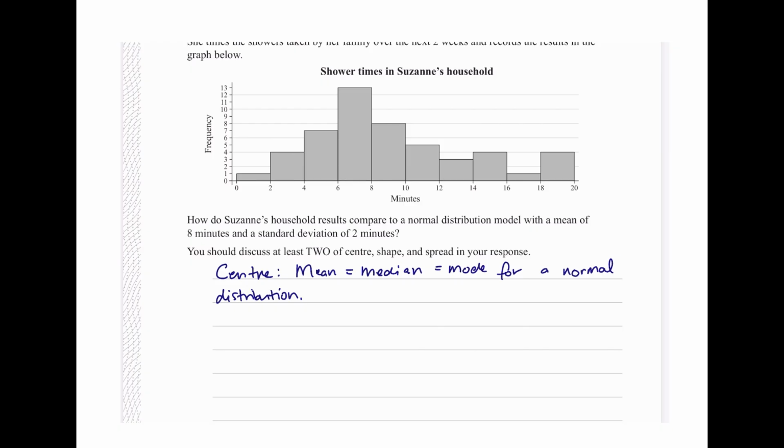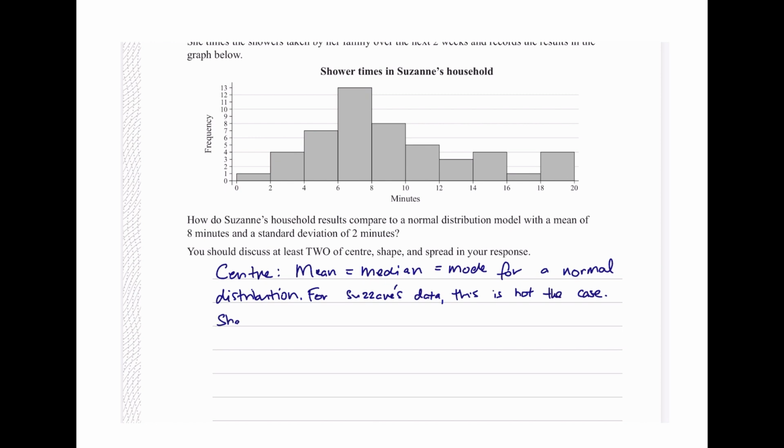So we can clearly see that our mean is not going to equal the median, and it's not going to equal the mode. So we'll say for Suzanne's data, this is not the case. All right, so that's fine for center.